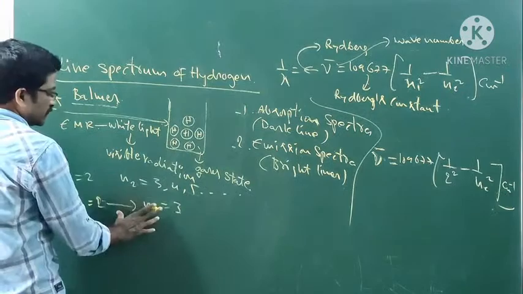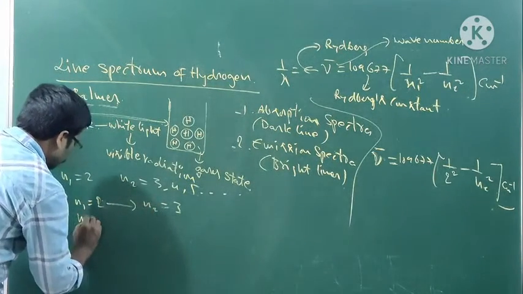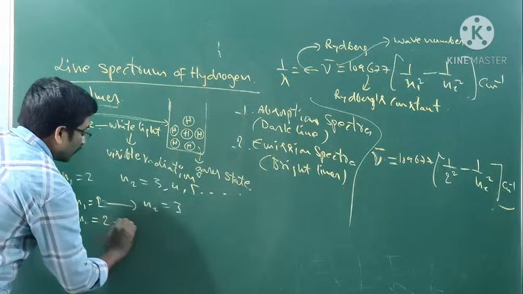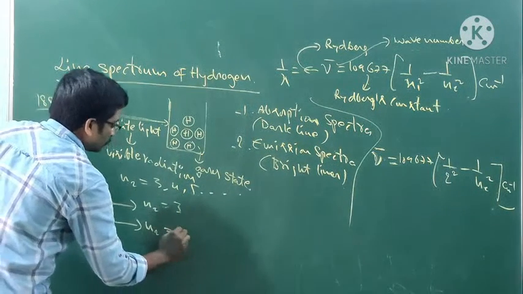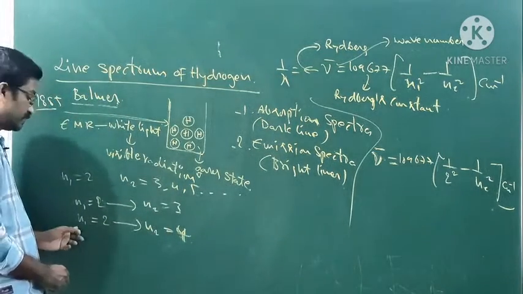So there is an absorption. You may also write n2 is equal to 4. This is also in the Balmer series.